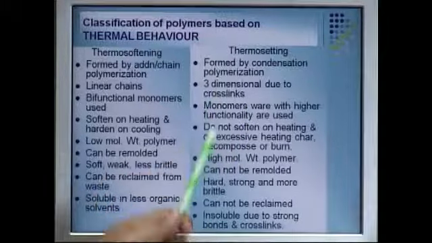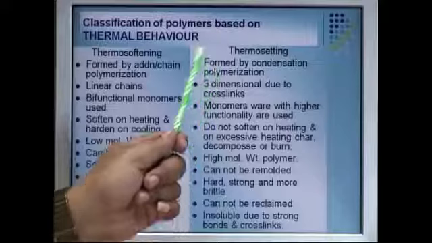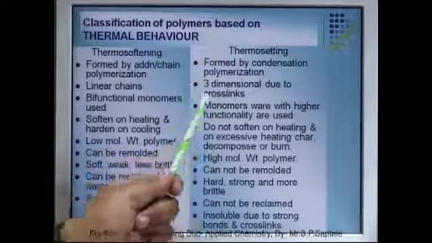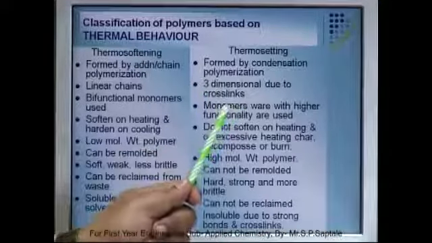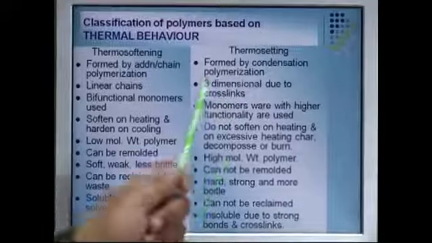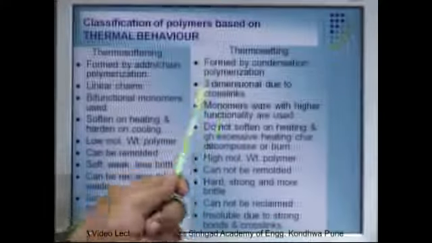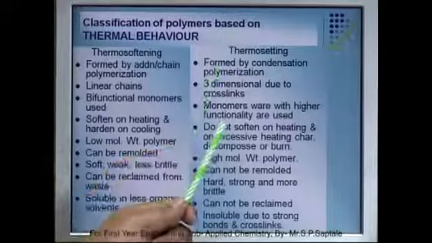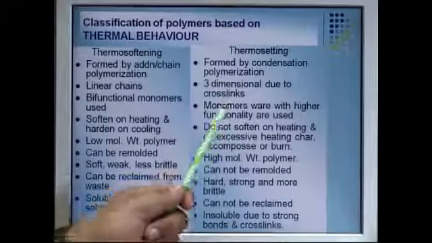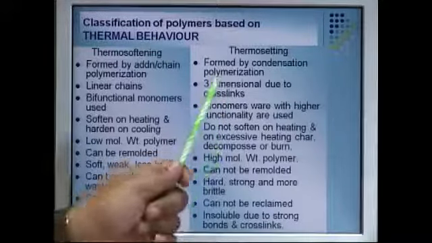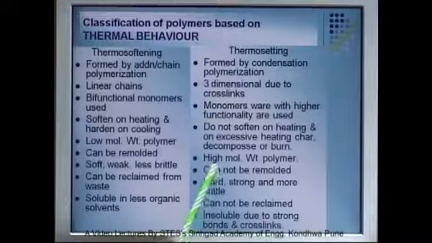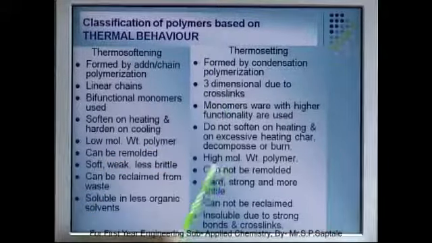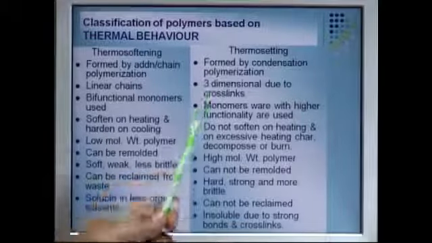So once you have given one shape, the polymer formed is a hard, infusible mass like concrete. So you cannot heat it subsequently; heating and cooling is possible only one time. If you forcefully heat it again, decomposition of the polymer takes place. These polymers are insoluble in organic solvents. That's why they have no resale or scrap value.